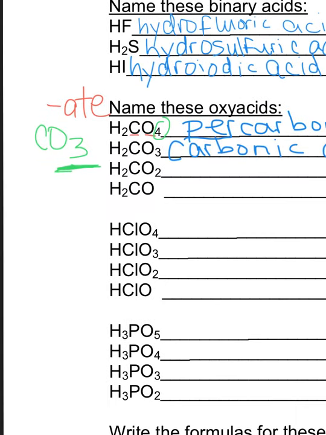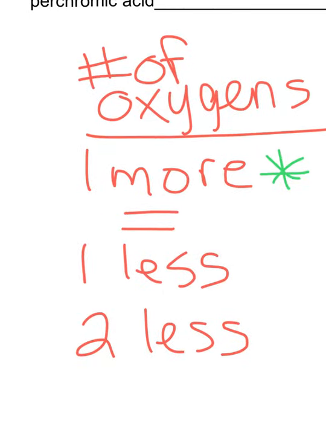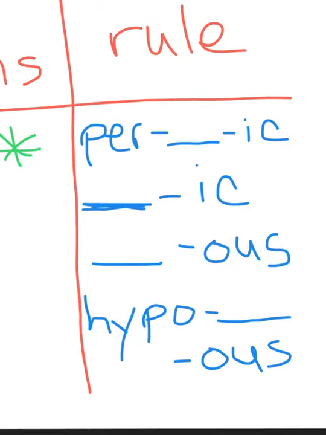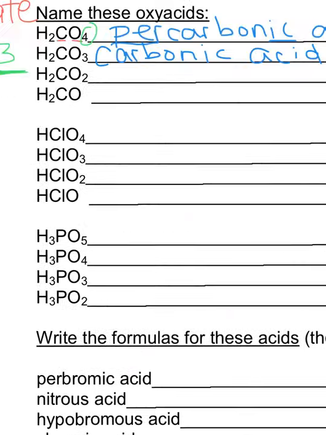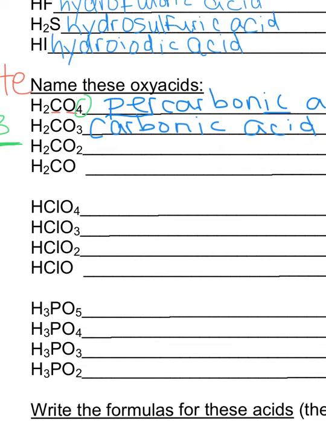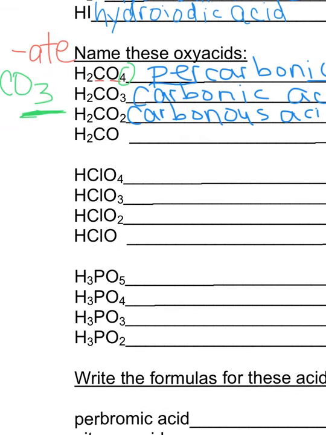Okay, now we have H2CO2. My acid has 2 oxygens and the ion has 3. What rule does that follow? 1 less. If it's 1 less, we're going to have our ending of OUS. So this one is simply going to be carbonous acid. And then finally, H2CO.